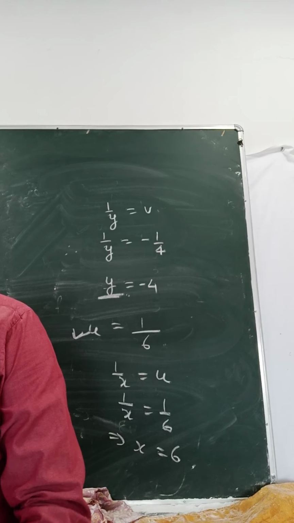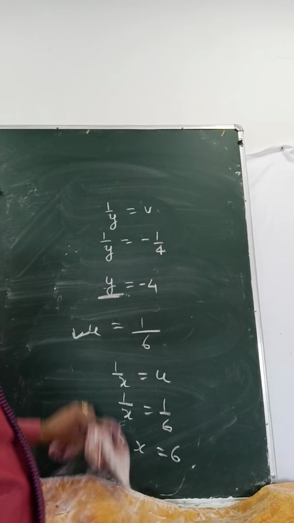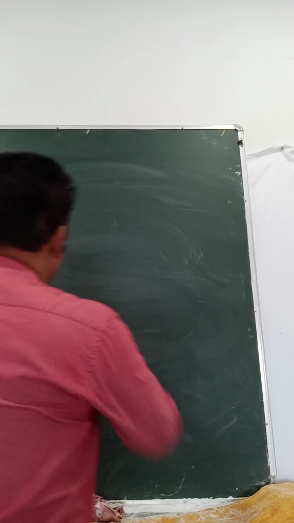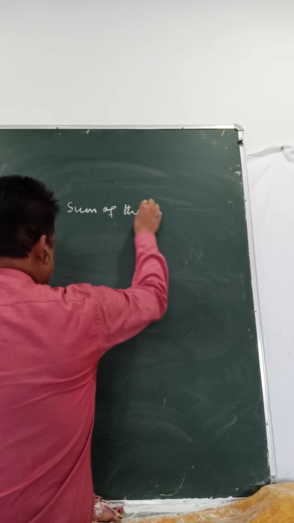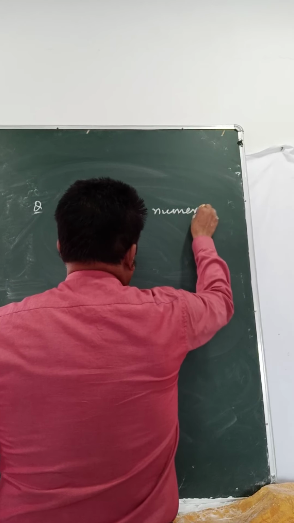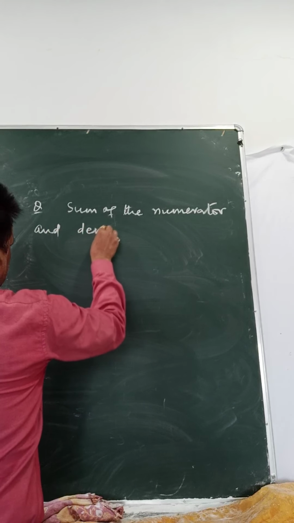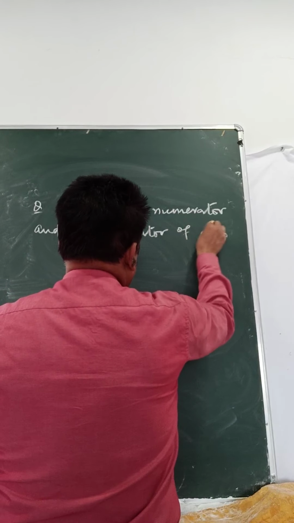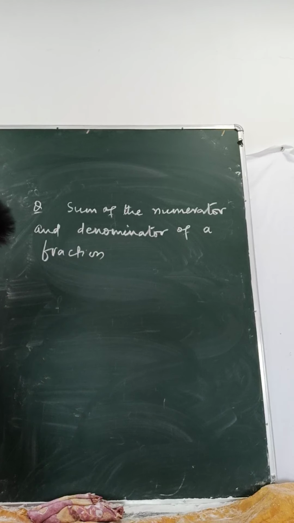Okay, look. Word problem: the sum of the numerator and denominator of a fraction is 12.